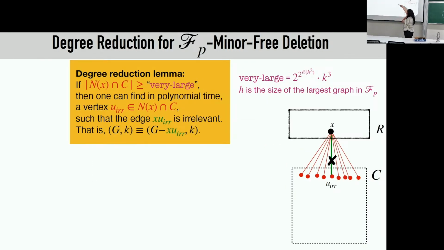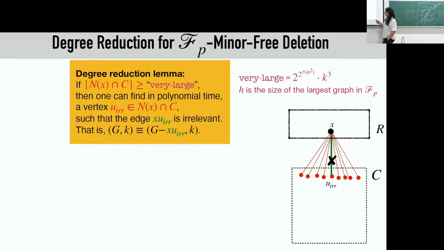And now, so this is what we want to do. This is the main lemma that we want to prove now. We wanted to do degree reduction. So x is some arbitrary fixed vertex in this set R. C is some connected component here.